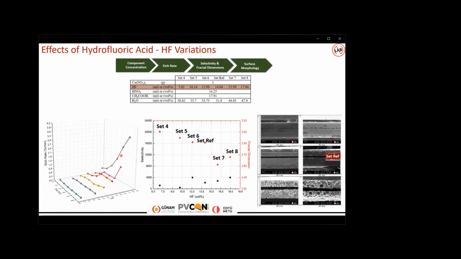And the effect of the higher hydrofluoric acid is more pronounced in the laser modified region rather than the unprocessed sample. However, the fractal dimension is steady for the low concentration.